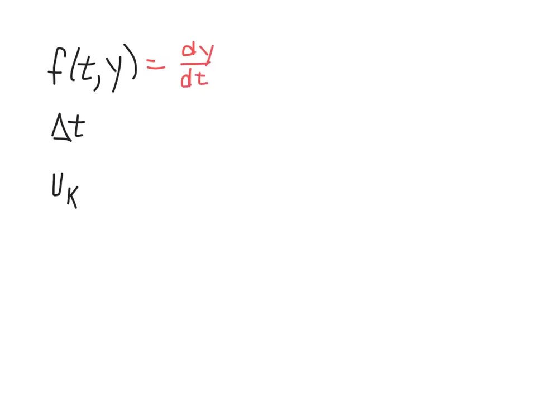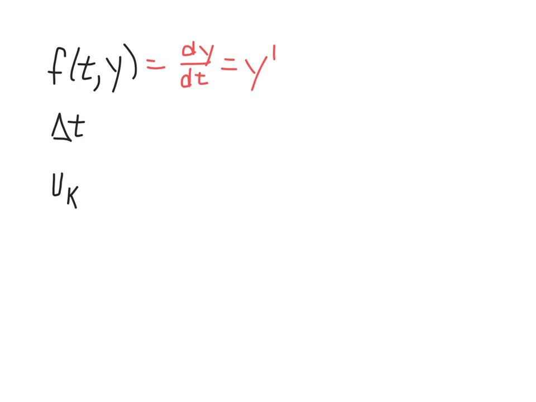written in a slightly different way. So if you're thinking of y prime, y prime would be the same as this f of t, y, and t is the independent variable. Usually we're calling that x, but this is t for time here, and y is some unknown function.